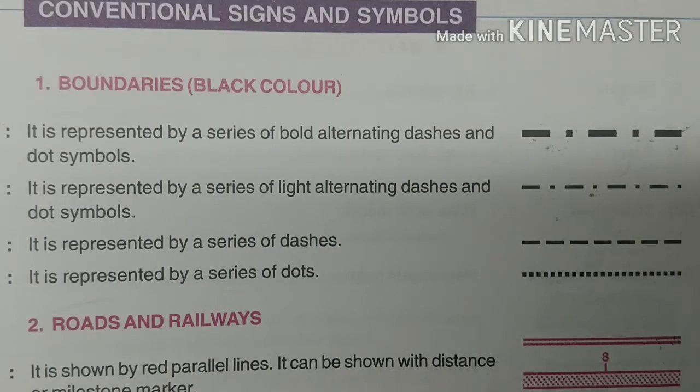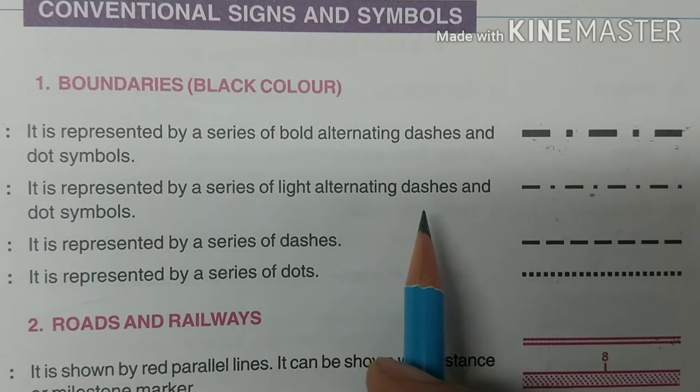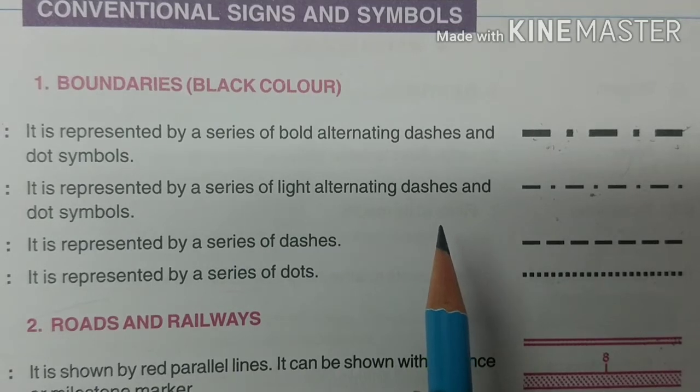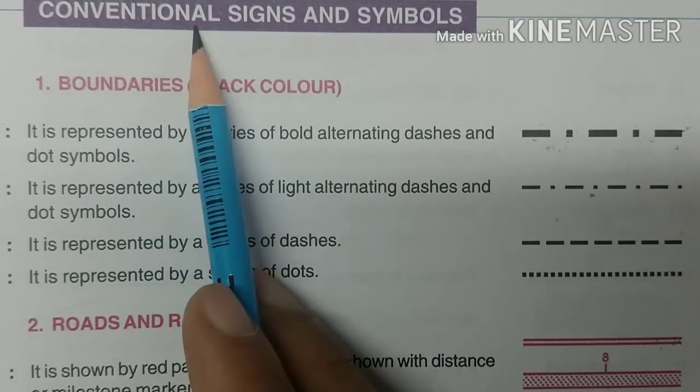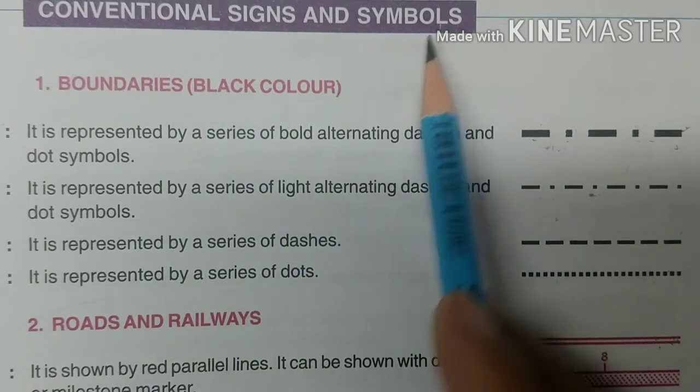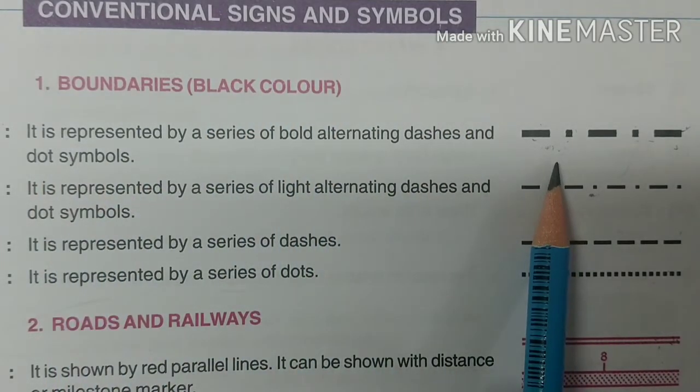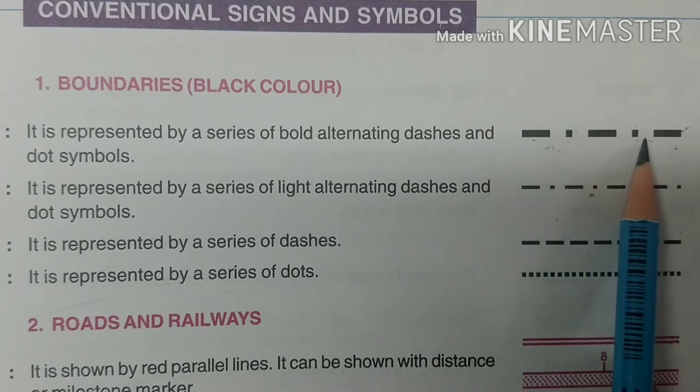Now the conventional signs and symbols. The variety of features seen on the ground is shown on the map by some conventional signs and symbols. You can see some signs here. This is the international boundary.